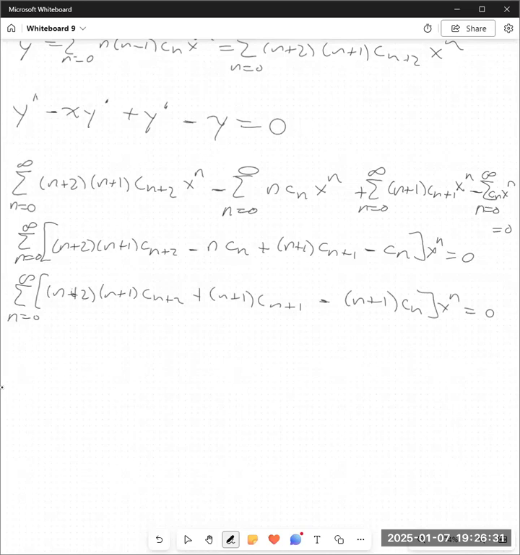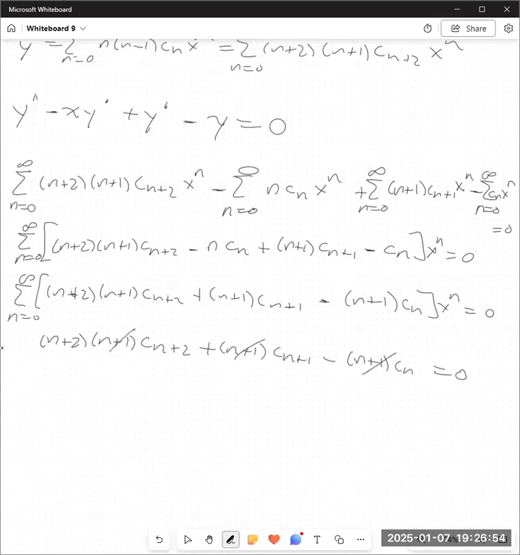So I see n plus 1s in everything. That'll be helpful in just a second. So we're going to have (n plus 2)(n plus 1) c sub n plus 2, plus (n plus 1) c sub n plus 1, minus (n plus 1) c sub n equals 0.